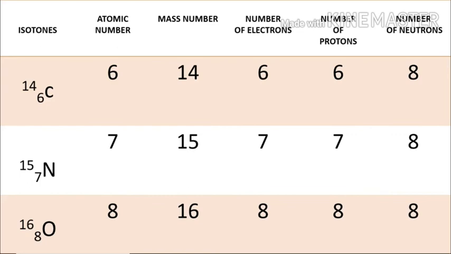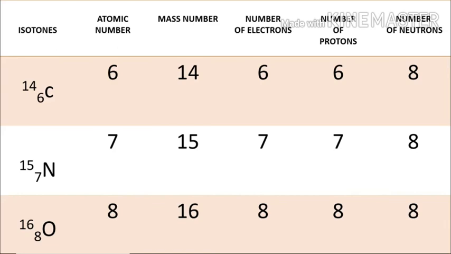In carbon's case, atomic number is 6, mass number is 14, electrons 6, protons 6, neutrons 8: 14 minus 6 is 8. In the second case, nitrogen's, atomic number 7, mass number 15, electrons 7, protons 7 and number of neutrons 8: 15 minus 7 is 8. Same way in oxygen's case, neutrons 8.